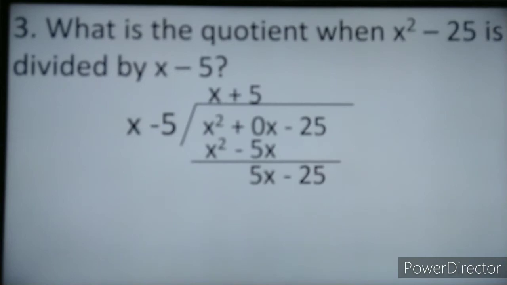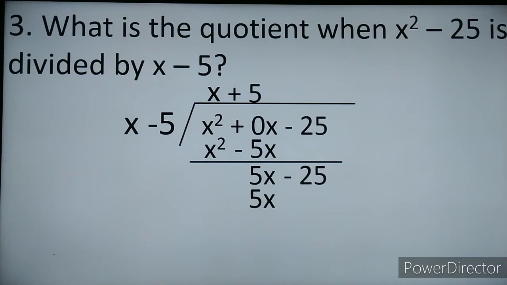So 5 times x, the answer is 5x. Then 5 times negative 5, the answer is minus 25. Then subtract it again, the answer now is 0.